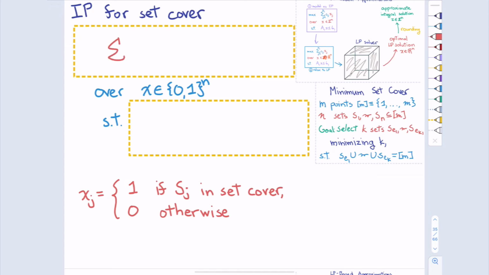I want to minimize the total number of sets I take. Subject to every point's sum being over 1. Very close, but just switch some words.